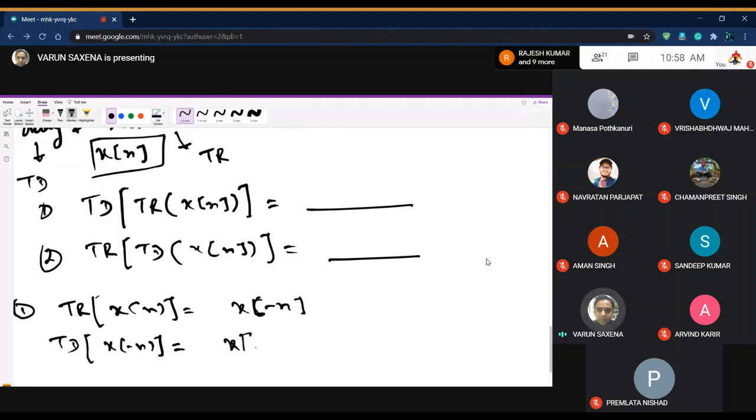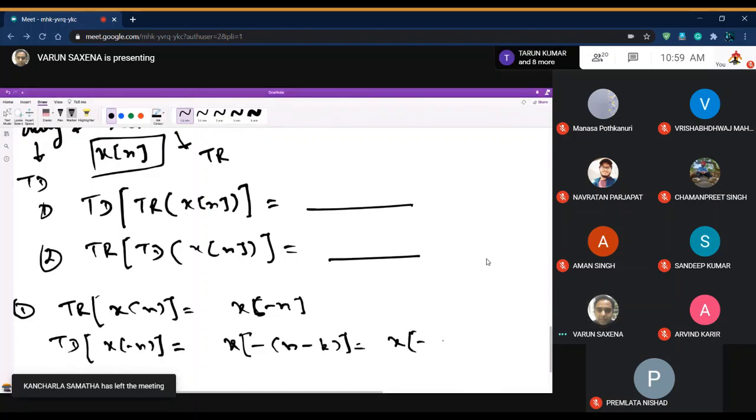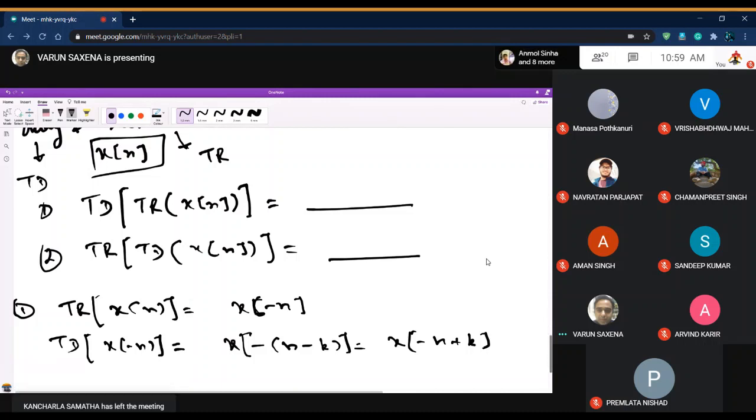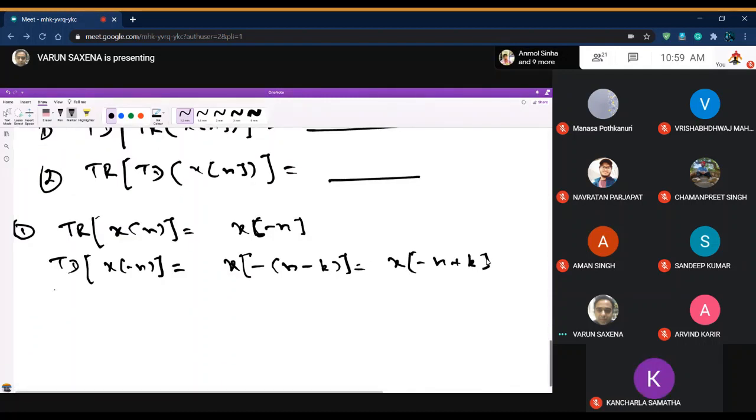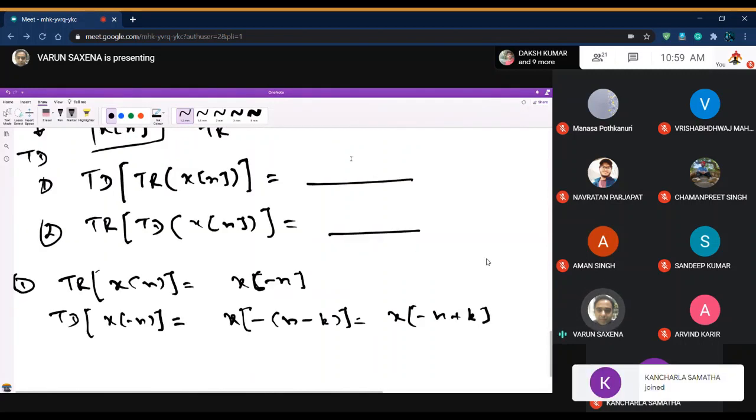So this becomes minus n minus k. So I get x of minus n plus k. So the fill in the blank which is here, this becomes x of minus n plus k.